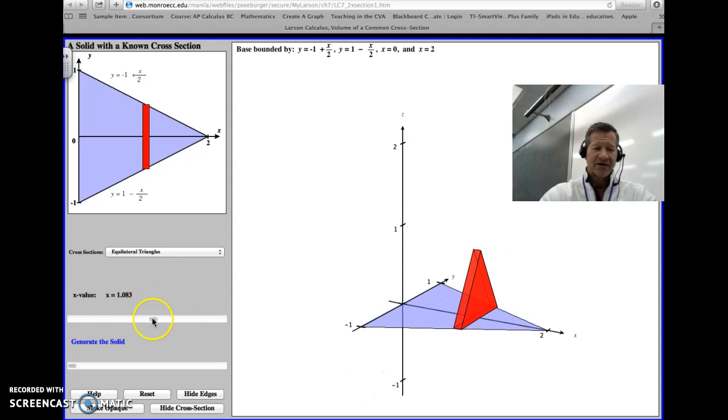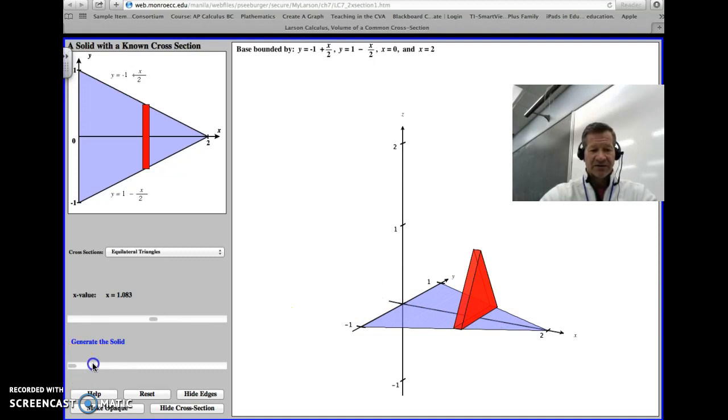Now I can slide that cross-section back and forth, and here's the part that hasn't been working so well for me. I don't know if the internet is just slow or my connection is bad, but if I try to slide this along, yeah, it's just not working. What you're supposed to be seeing is this cross-section moving back and forth.